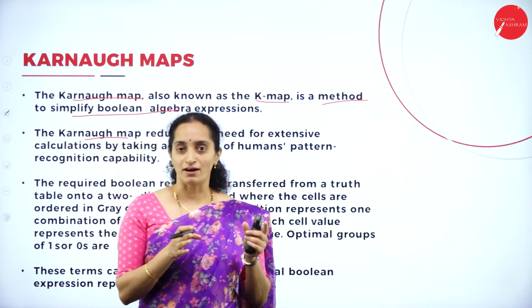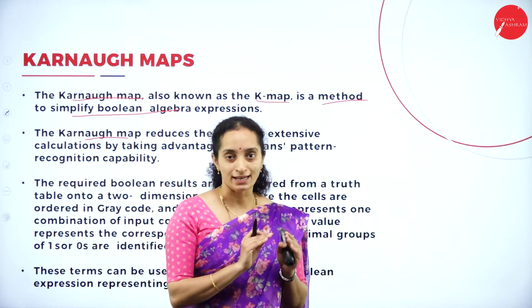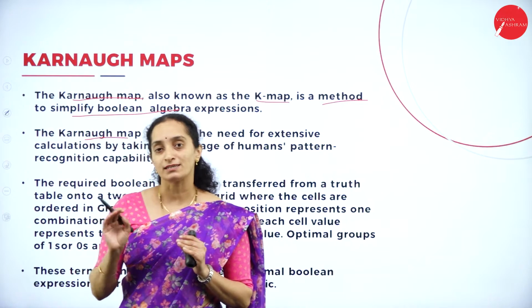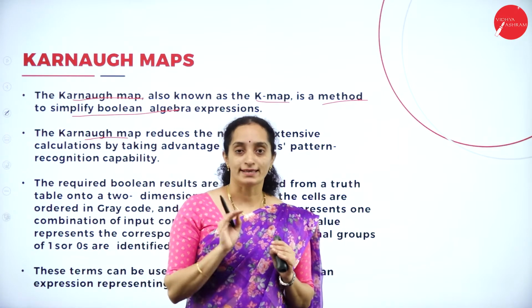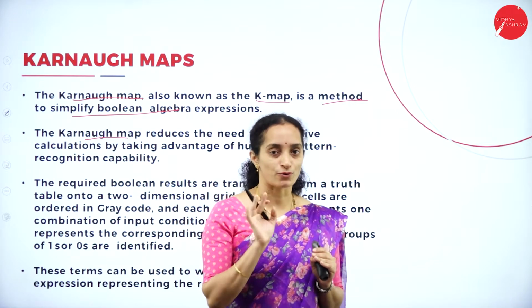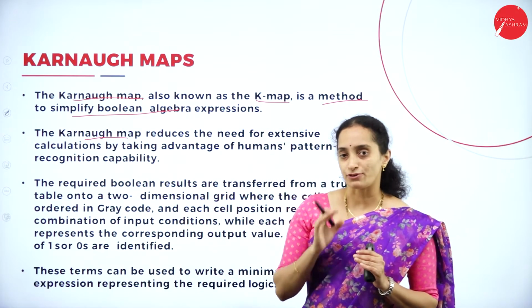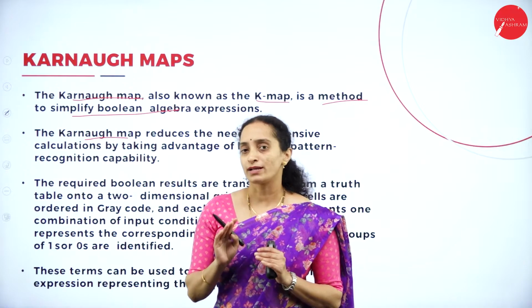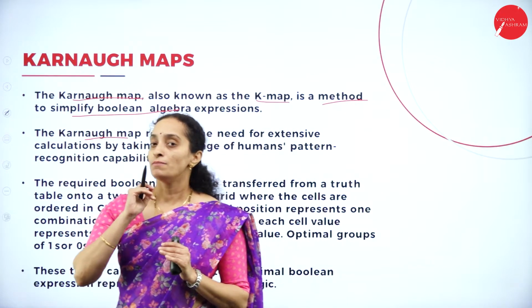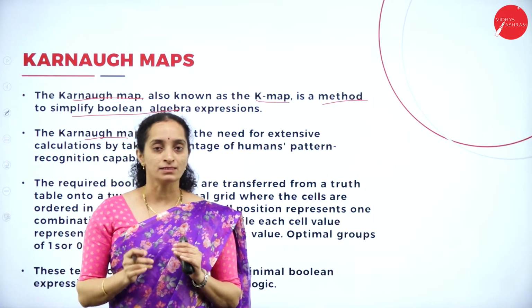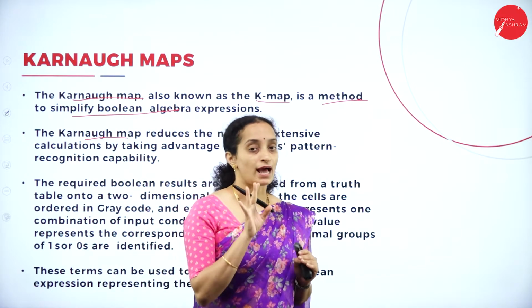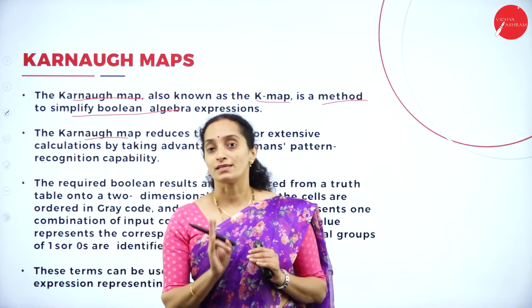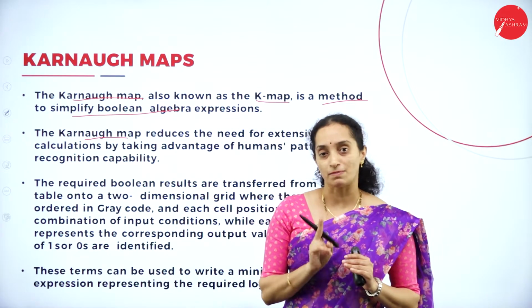If the number of variables is n, the maximum number of minterms and max terms you can obtain in a Boolean expression is 2 to the power of n. Suppose you have 3 variables, you can have a maximum of 8 minterms and 8 max terms. If you have 4 variables, you can have a maximum of 16 minterms and 16 max terms.